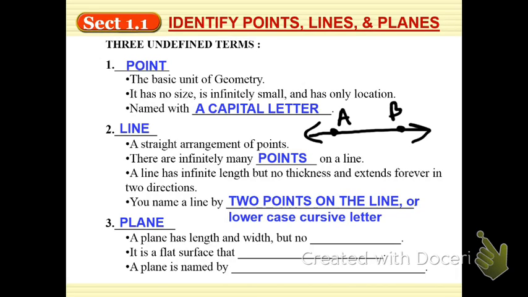And so I would name this with A, B, and a symbol for a line above it. Oh, it didn't show up. Let me put it over here. So it would be AB with the symbol of a line above it. The symbol of a line is just what a line looks like. It's a little segment with arrows above it. And then A, B, the two letters that are on the line. Doesn't matter what order. You could call it BA or AB on a line. The order does not matter.